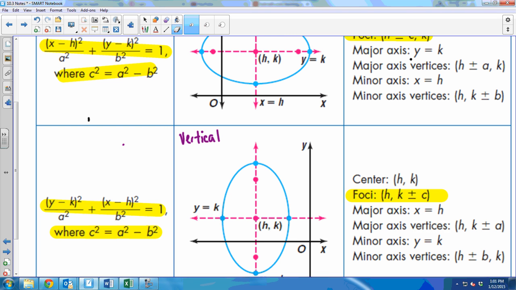So, if you aren't sure of the orientation, there's a question on your note sheet. You should know that a is greater than b, or also a squared is greater than b squared, always. So the larger denominator should tell you if it's horizontal or vertical.